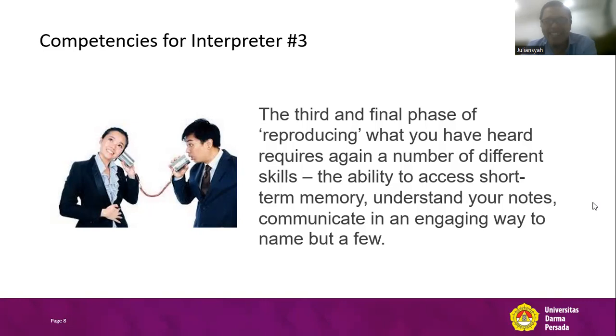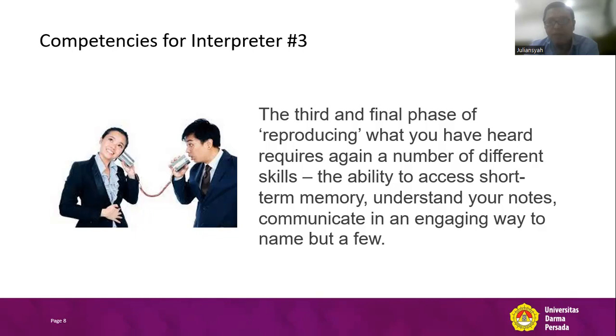Very good. The point of this paragraph is that reproducing is not simple because you need to have several abilities.